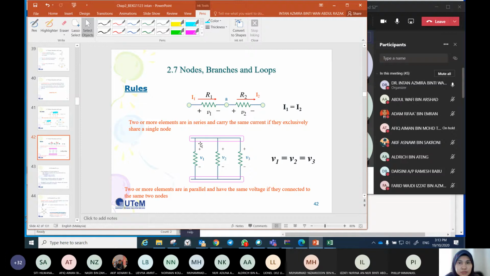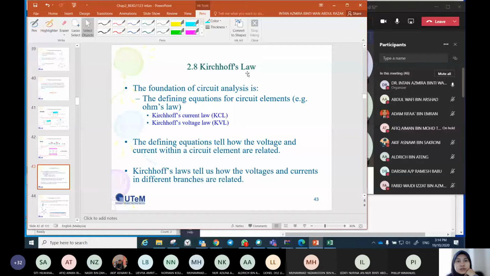Parallel connection happens when two or more resistors are connected at both ends. This one end and the other end. Connected at both ends, so they have the same voltage.